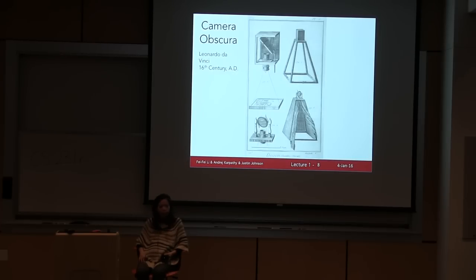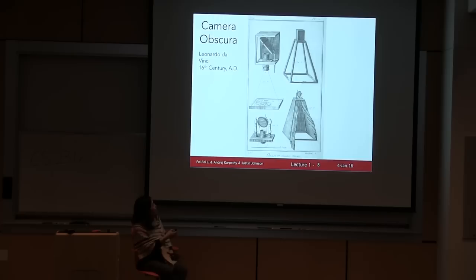Aristotle proposed the camera through the leaves. The Chinese philosopher Mozi proposed the camera through a box with a hole. But the first documentation of a really modern-looking camera is called camera obscura, and that is documented by Leonardo da Vinci.